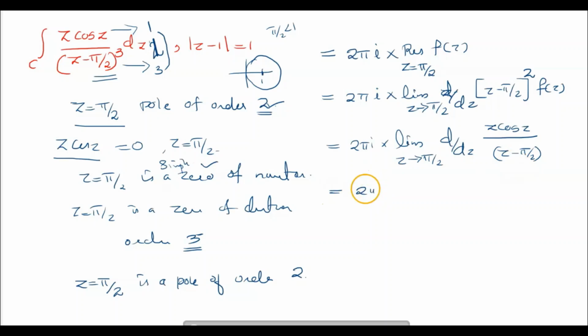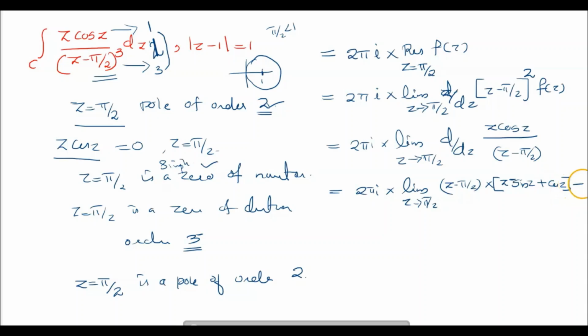Now, let's differentiate this function, d by dz of this function. This is of the form u by v, so the derivative is denominator into derivative of numerator. The numerator is a product, so z into derivative of cos z, which is minus sin z, plus cos z into derivative of z, which is 1.